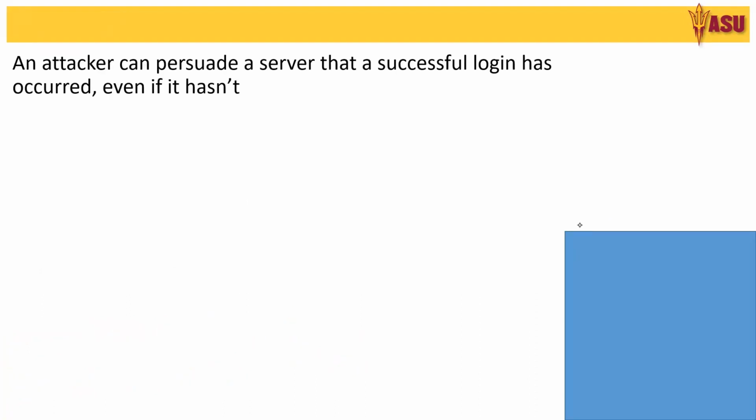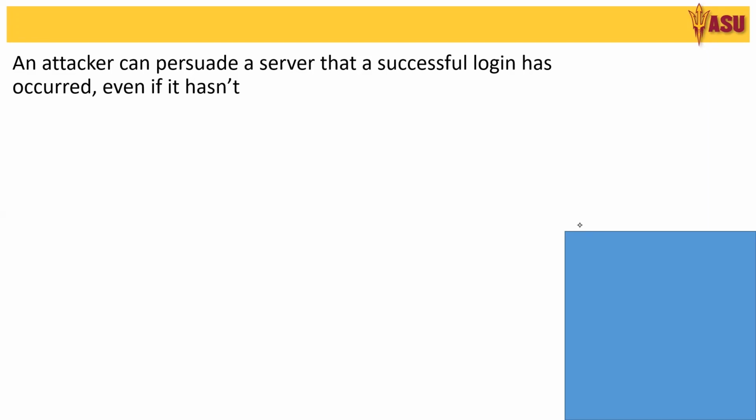Here, let's look at this statement: an attacker can persuade a server that a successful login has occurred even if it hasn't. We are not given any predicates, so we need to define our own to be able to write this statement in predicate logic.